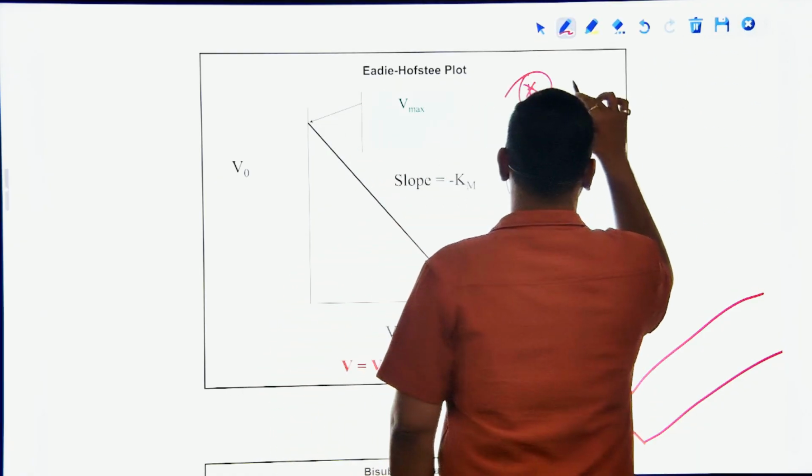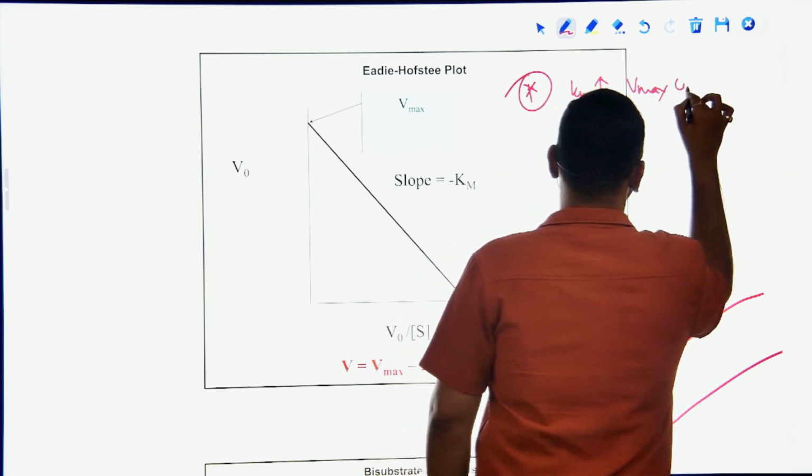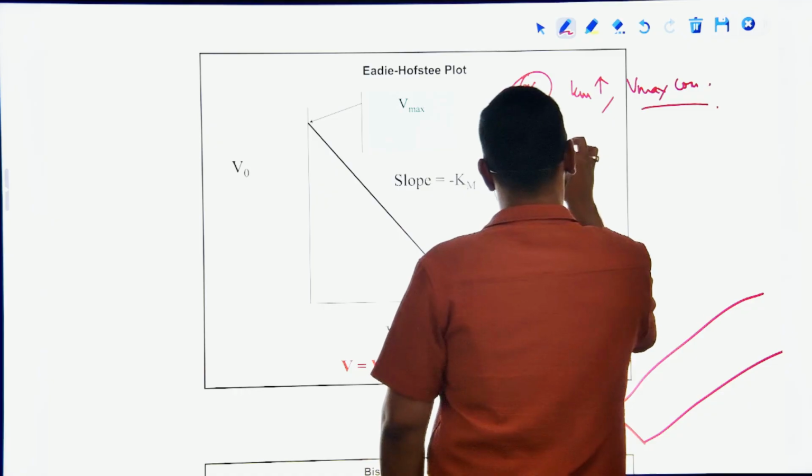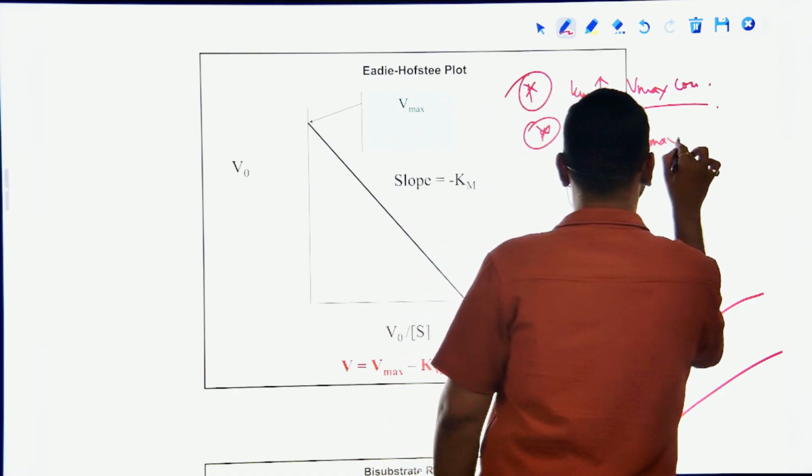Condition number 1, if Km is increased, Vmax is constant. First condition. If Km decreased, Vmax constant.